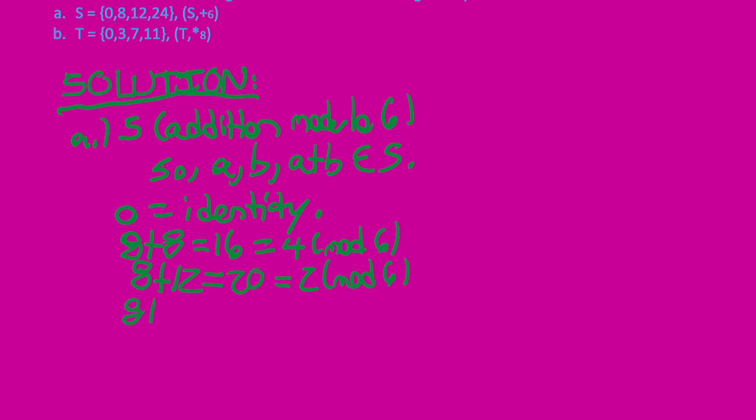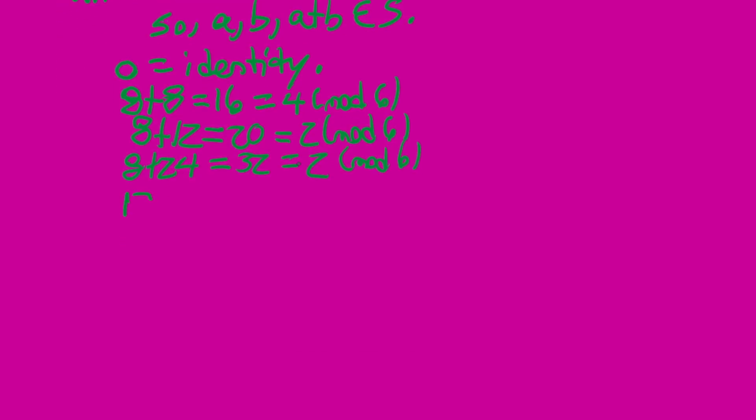And then 8 plus 24 is 32, which is 2 modulo 6. And then 12 plus 12 equals 0 modulo 6. And then 12 plus 24 is 0 modulo 6. And then 24 plus 24 equals 48, and that's 0 modulo 6.